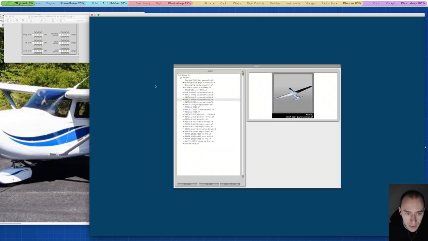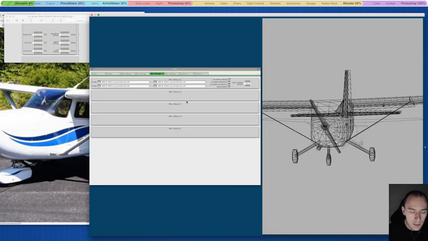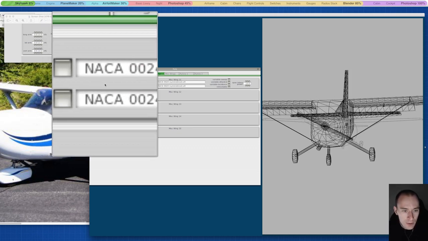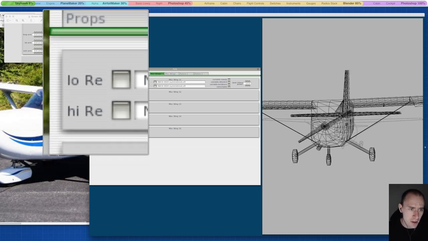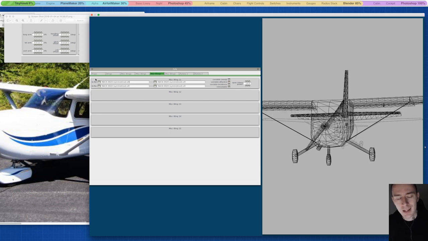Also with PlaneMaker, or in the next stream, I guess, there are important differences between these two. So I'm just copy pasting these to all these slots, but this is a Reynolds number, and I'm not quite sure what that is about still. I've read about something.